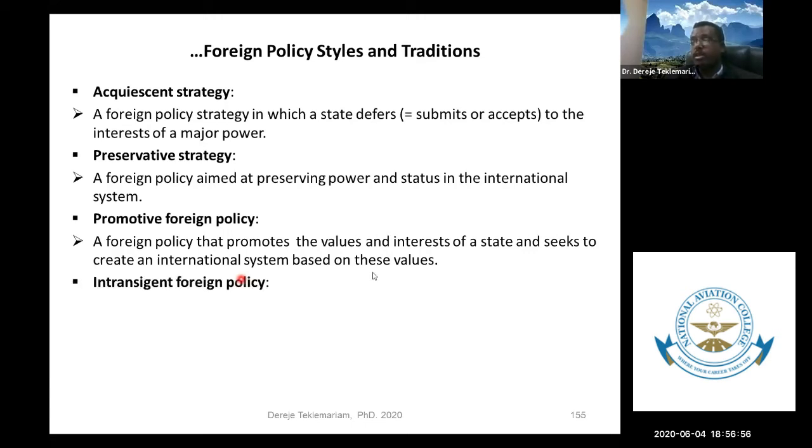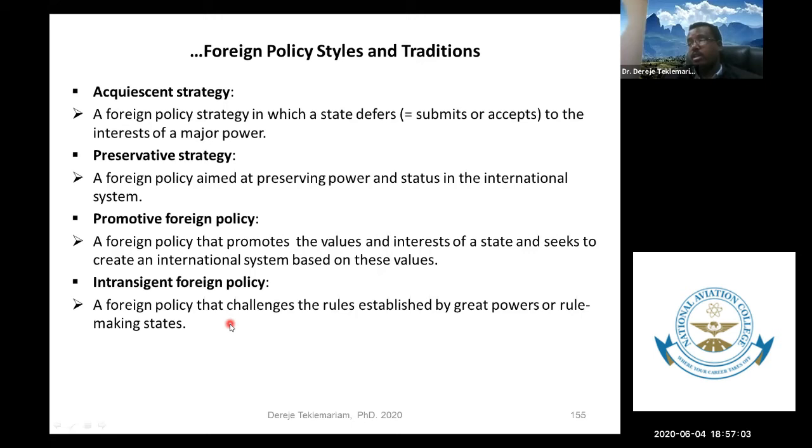The other thing is intransigent foreign policy. It is a foreign policy that challenges the rules established by great powers or rule-making states. Some countries may follow an intransigent foreign policy. In their foreign policy, they may challenge the existing global power relations, and they say, no, who makes America and Russia the power boss, the boss of the world?